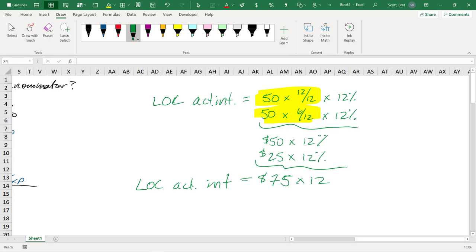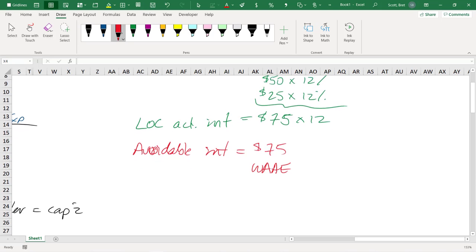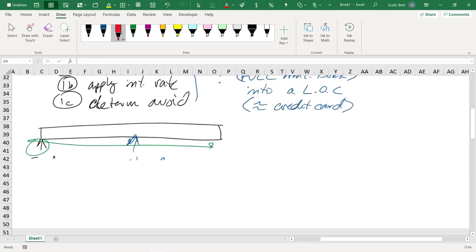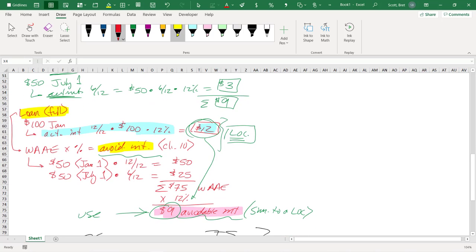That's funny, though, because when we look at avoidable interest, we determined the weighted average accumulated expenditures were 75. That was what our Y was. Recall where that was down below? Where is that sucker? There it is. Y 75. I'm just simply recalling that for you here.